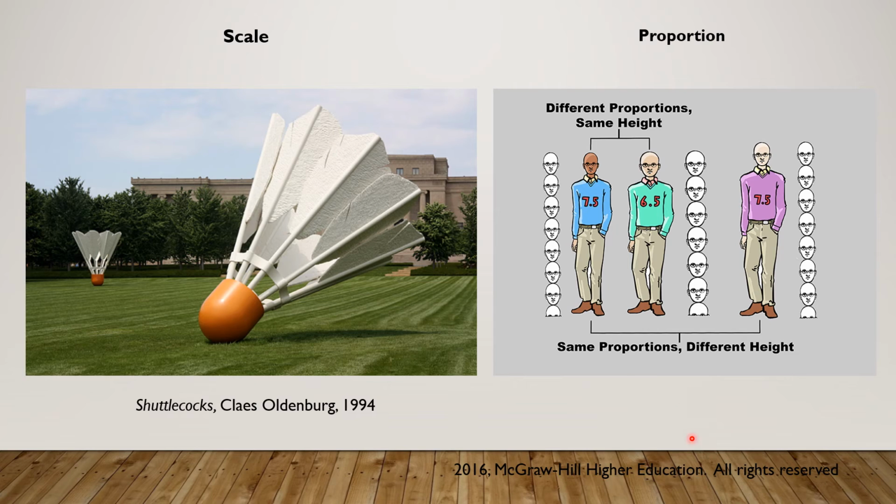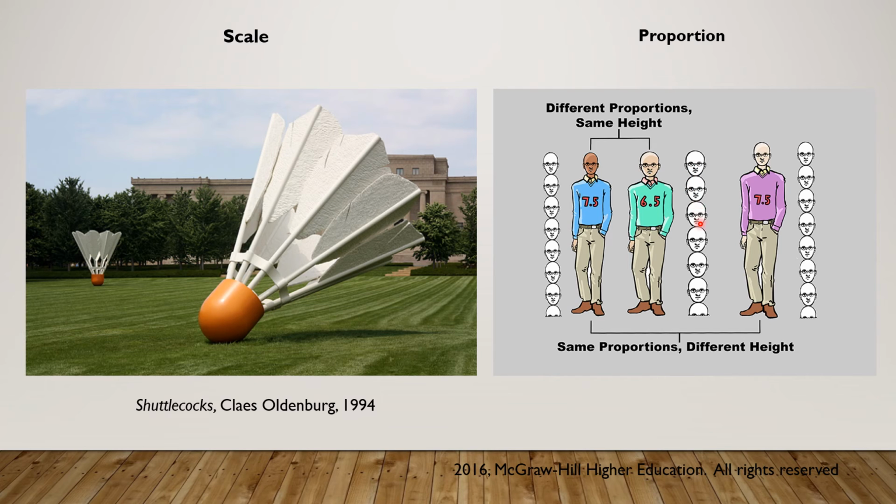Most humans are 7.5 or 6.5 heads tall. Well, this one's 7.5 high. This one's 6.5 high. Different proportions. So this one, if it's 7.5 high, is going to look a lot taller and thinner than this guy.